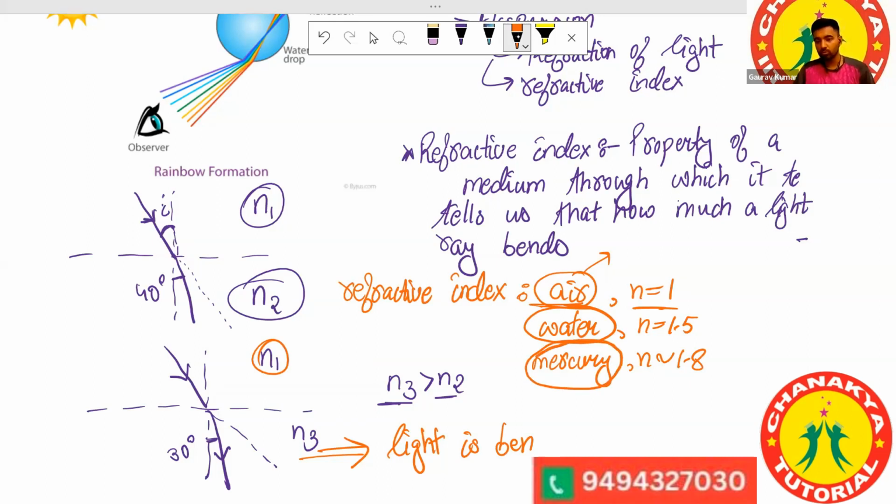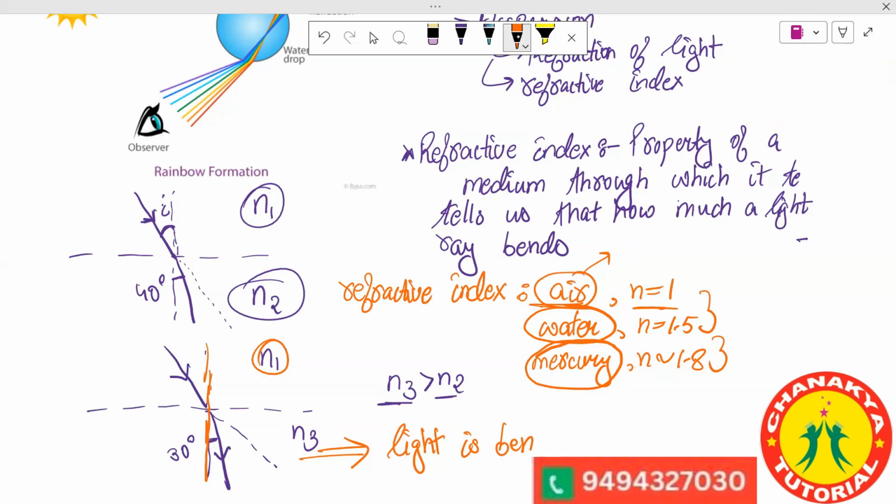So these values of n are changing with the medium. If the value of refractive index is more, the light will bend more towards the normal. The line which I am representing with red color is the normal. Is it okay?